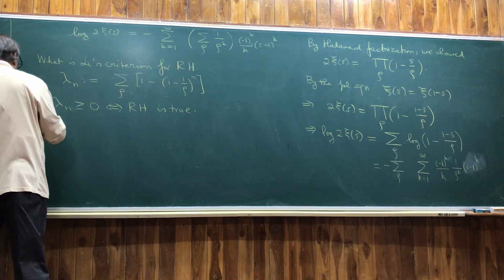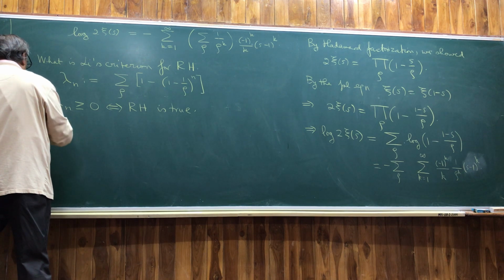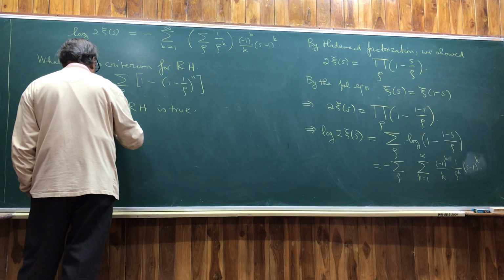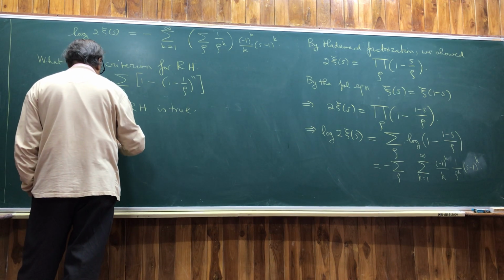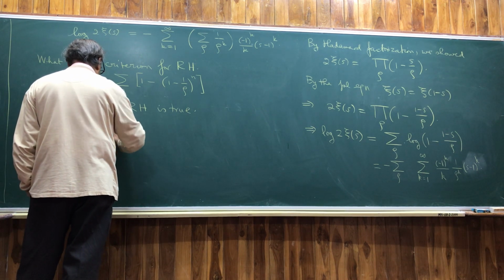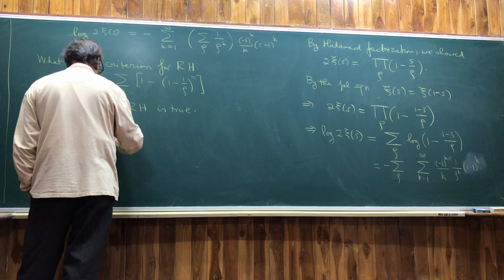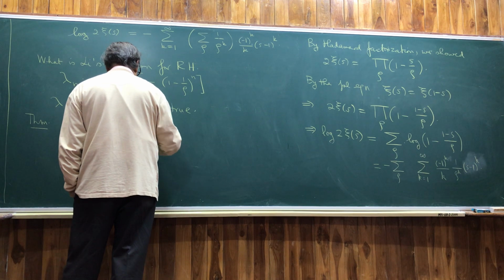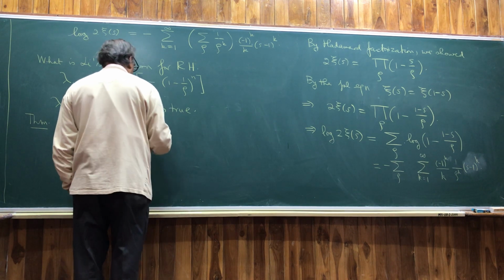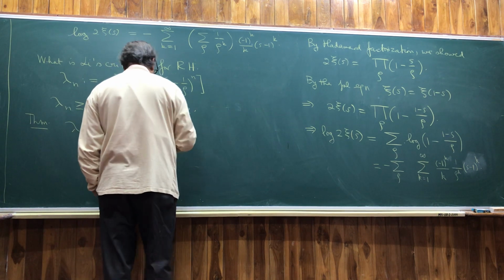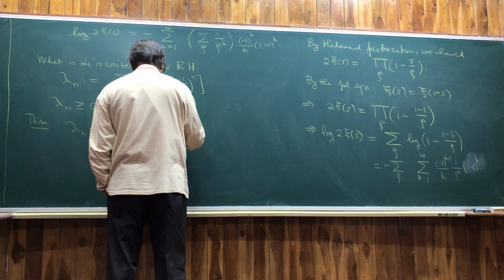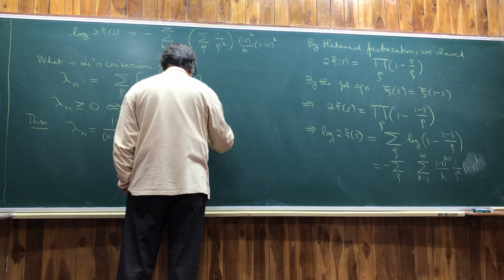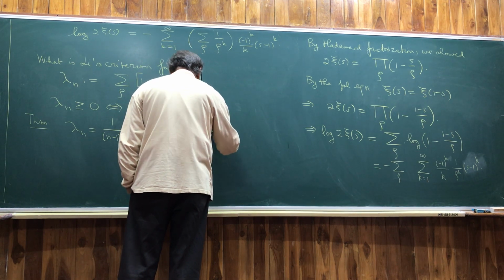And the theorem I want to prove is that I can get my hands on lambda n. It is 1 over n minus 1 factorial, I believe, d^n over ds^n of s to the n minus 1 log 2 c of s.